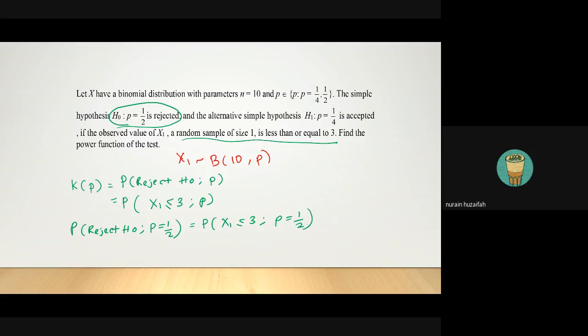So again, this one is a binomial distribution. Now you refer to your stats table.